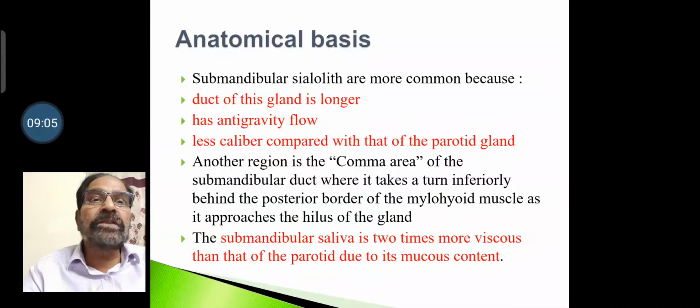Another reason is the comma area of the submandibular duct, where it takes a turn inferiorly behind the posterior border of mylohyoid muscle as the duct approaches the hilus of the gland. The submandibular saliva is 2 times more viscous than that of parotid due to its mucus content.